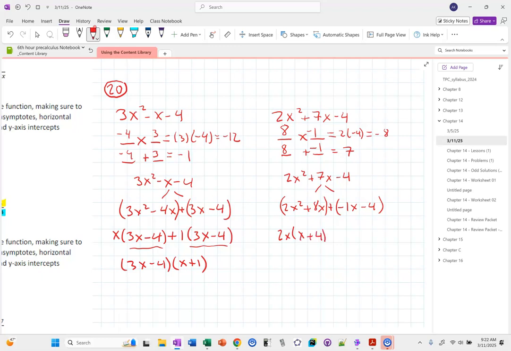From the second group, I notice I have negative x minus 4 instead of x plus 4, so let's take out a negative 1. Both of those then contain an x plus 4. So when I factor the x plus 4 off, I'm left with 2x minus 1. So the factored version of the problem would look like this.